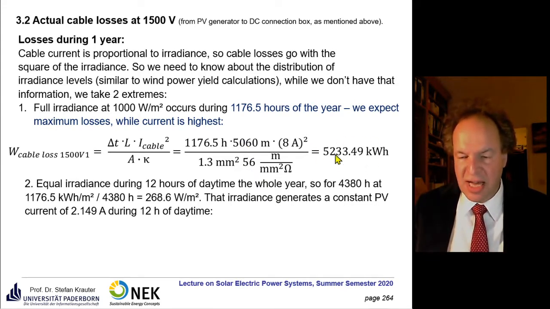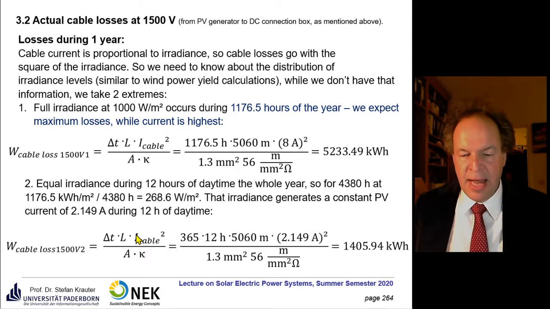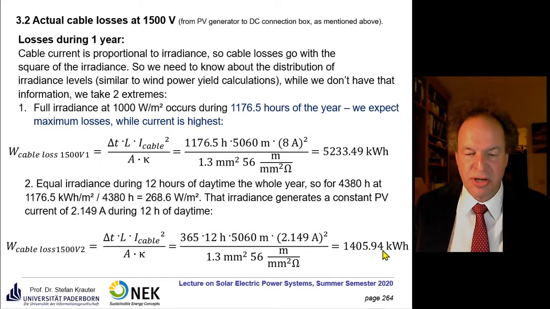So these losses are a little bit reduced compared to those at 1000 volts. And here, under the other conditions where we consider a more equalized irradiance distribution during the year, we have 1405.94 kilowatt hours of losses during 1 year.